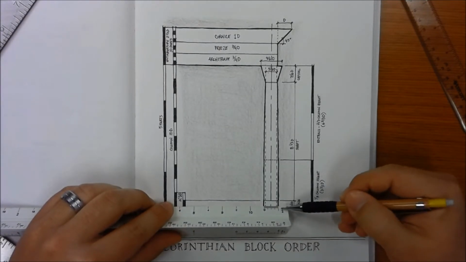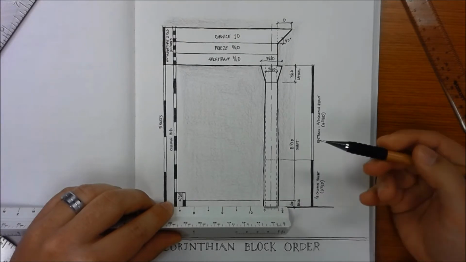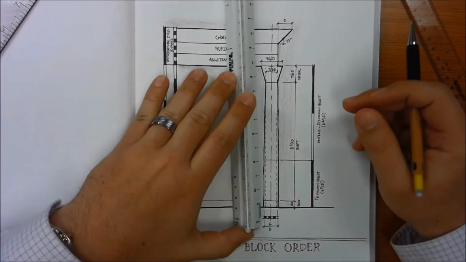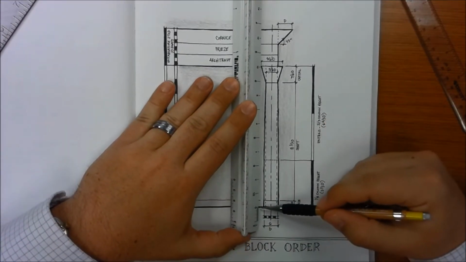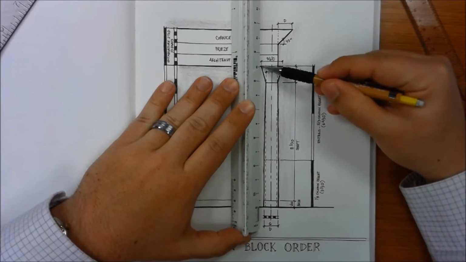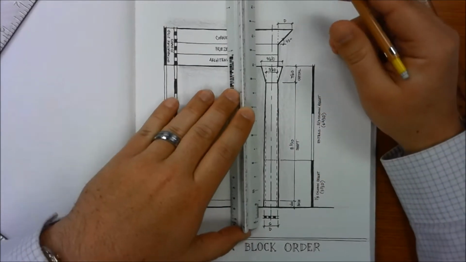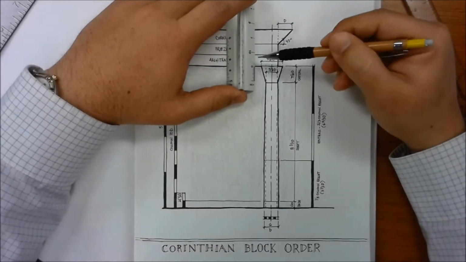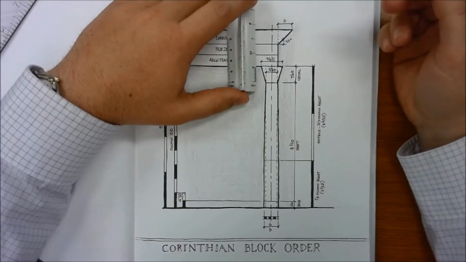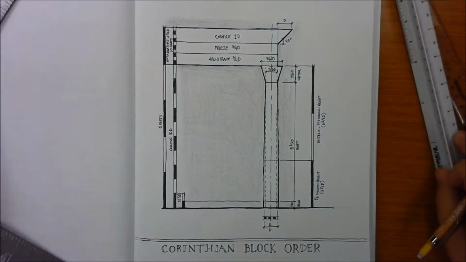So you can see here that I've got my 1/2 inch scale, half inch equals a foot. And so if this is 10D tall, if I'm measuring it, it should be 10 feet in height. And then the entablature is 2.5 feet in height. So with that, let's get started.